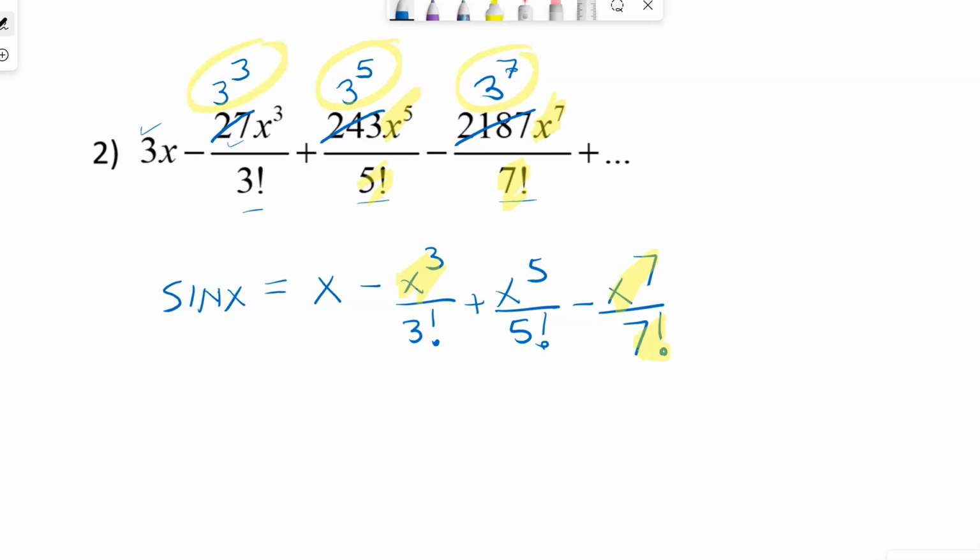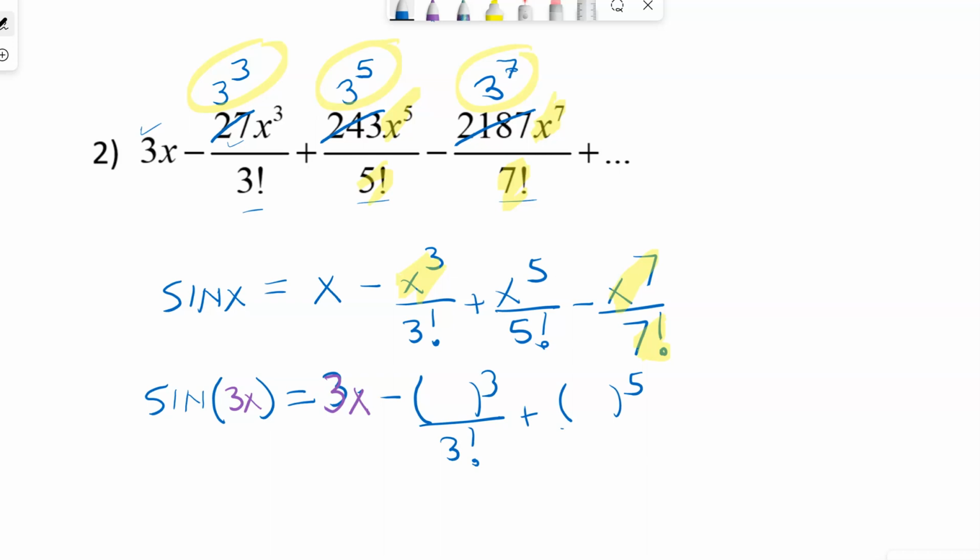Well, what if instead of sine of x, we did sine of 3x? I'm going to leave some blanks here so I can write this out quicker. If we place a 3x in for the x, it will match up lovely.